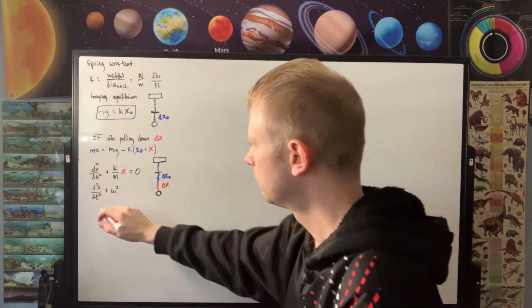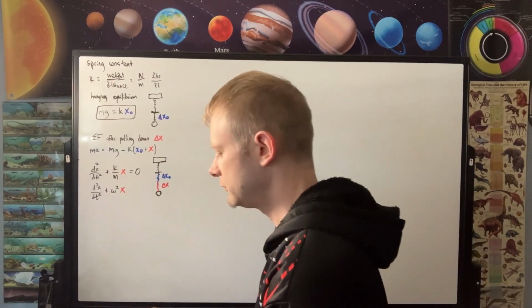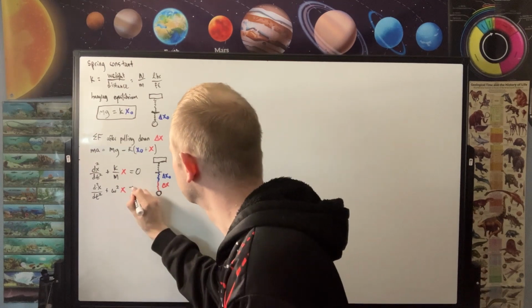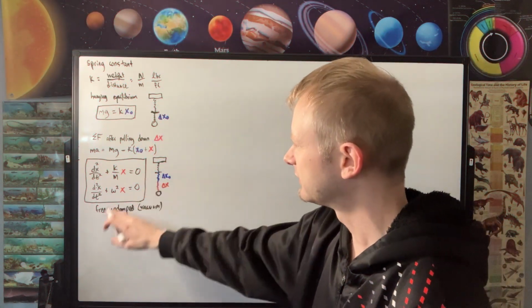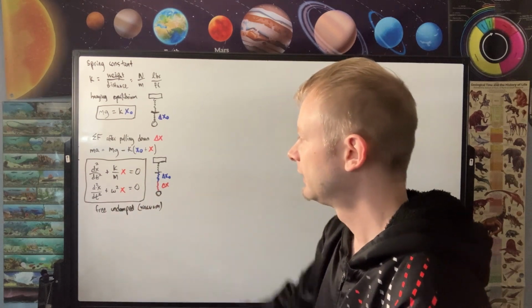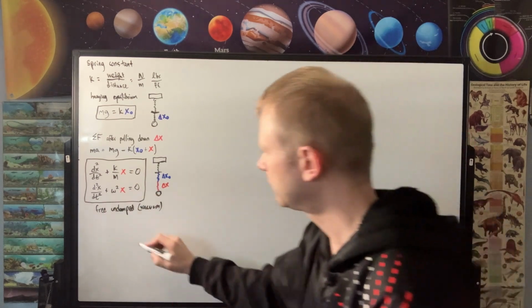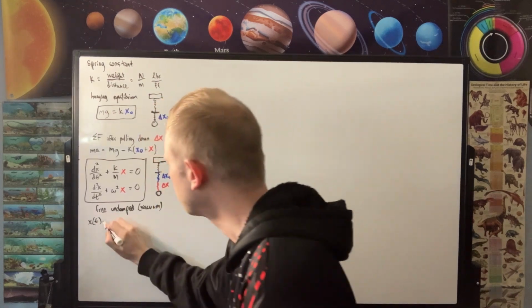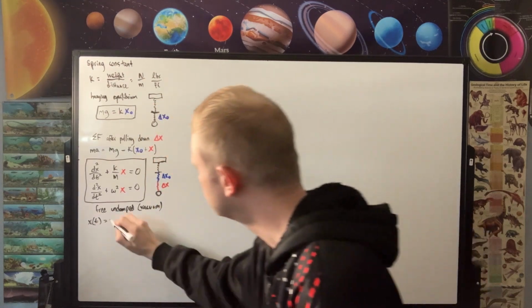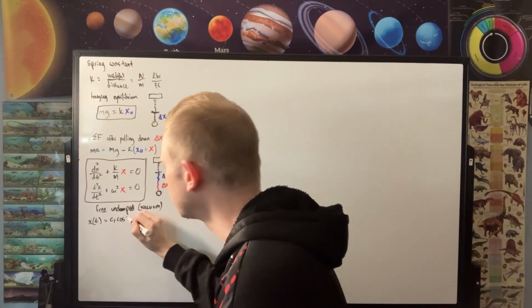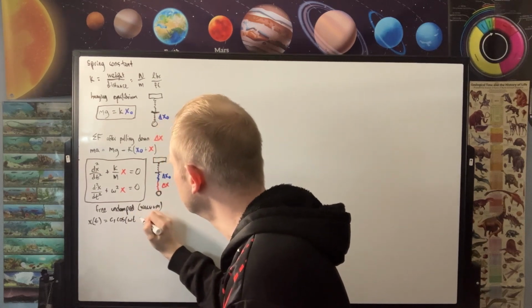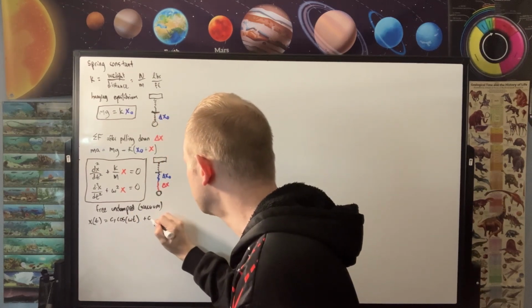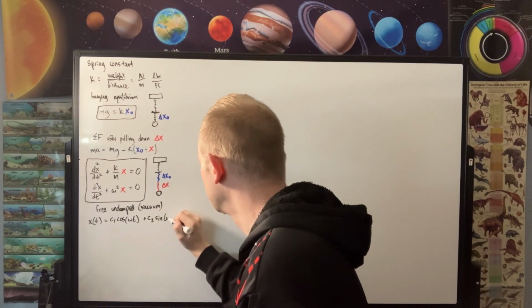And so now we actually have two equations we can use with this little formula. This is actually the ideal situation when it's free, undamped, and in a vacuum. And then we can write our answer, x(t), as equal to c1 cosine of wt plus c2 sine of wt.